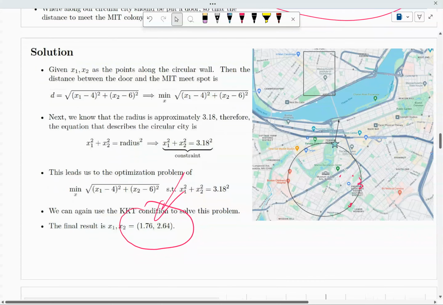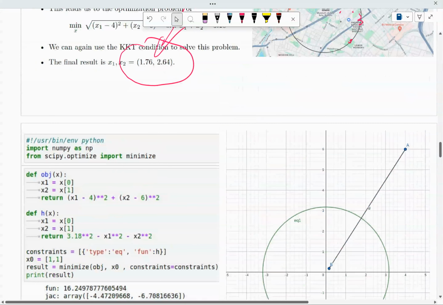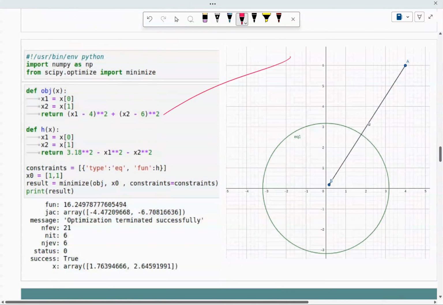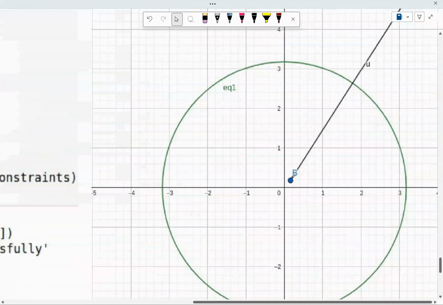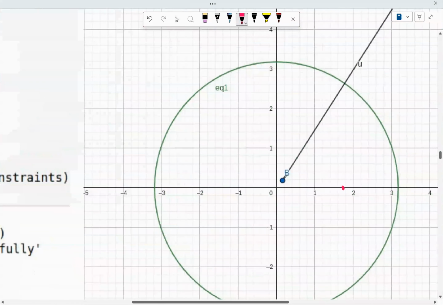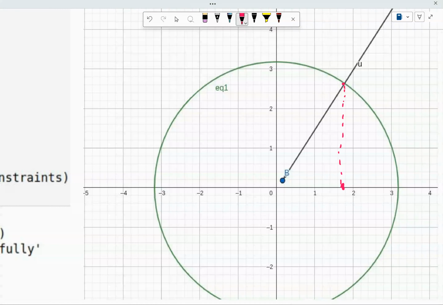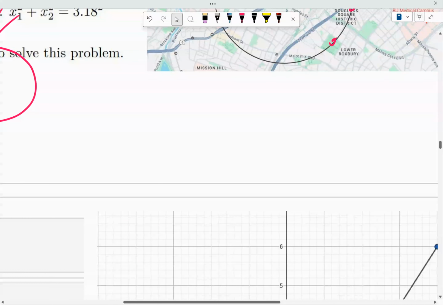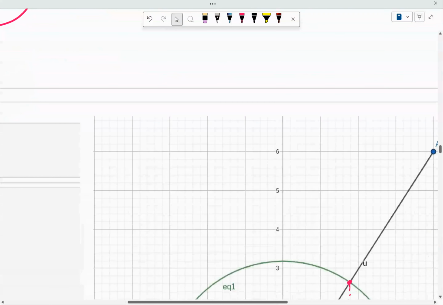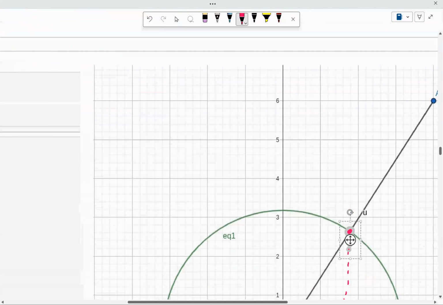Let's see, this is the code I wrote to solve this, and it says that the location is 1.76, which is right around here. That's where the door should be, and 2.64, somewhere here.